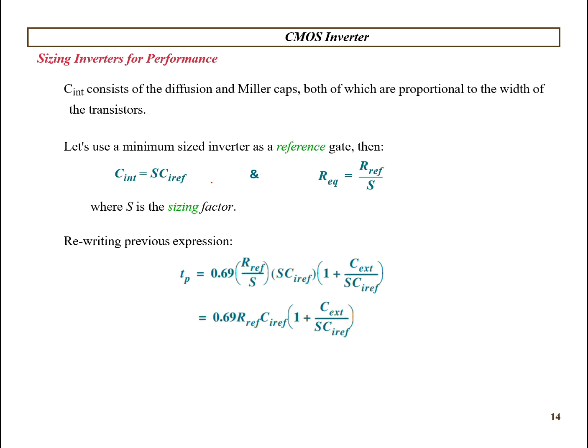So in this, consider C internal, which consists of diffusion and Miller capacitance, both of which are proportional to the width of the transistors. Hence, C internal is equal to S into Ci ref, that is your inverter reference capacitance. See, S is your scaling factor, or we can say sizing factor. So hence your C internal is S into Ci ref and R equivalent is equal to R ref divided by S, is it?